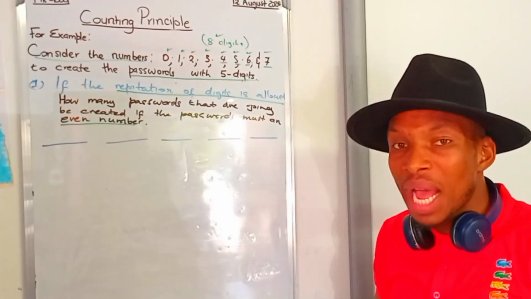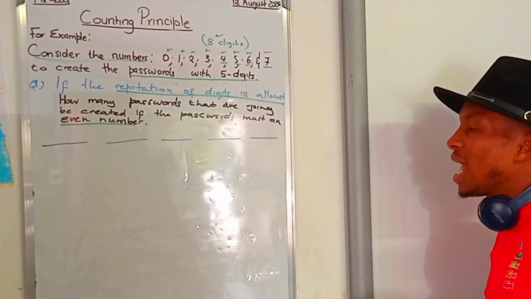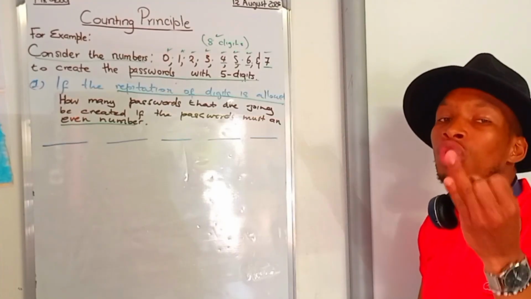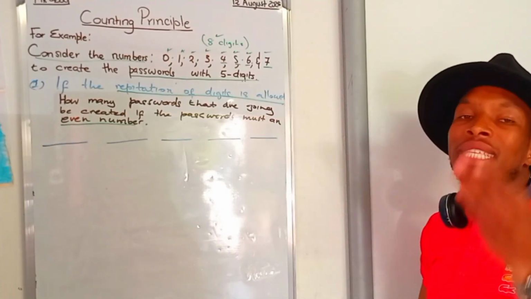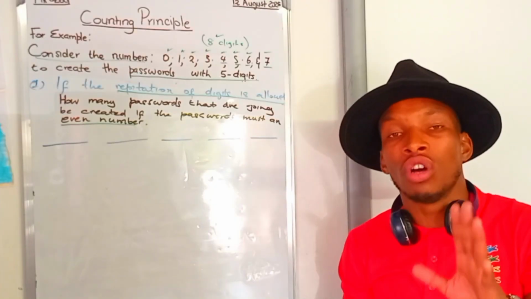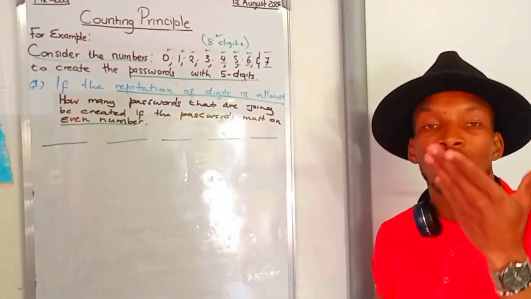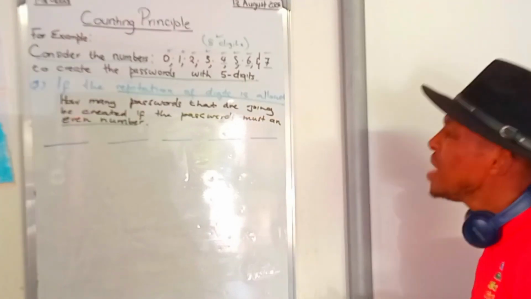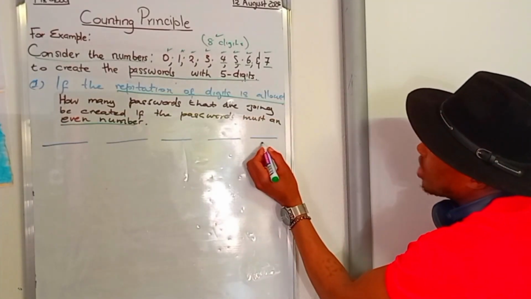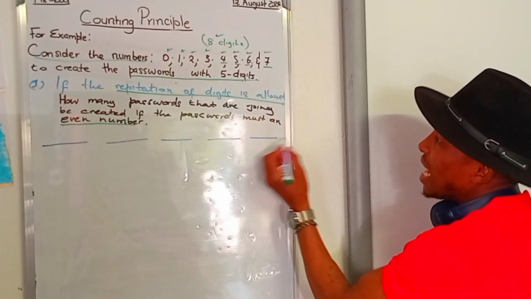Remember, when I talk about even numbers, they are all numbers that end with 0, 2, 4, 6, 8. Those numbers we call even numbers because they end with 0, 2, 4, 6, 8. That means here we are going to start with the last event, because the code must be an even number.